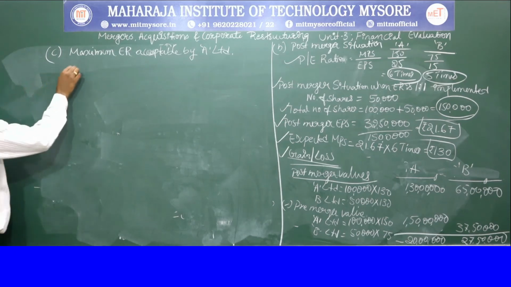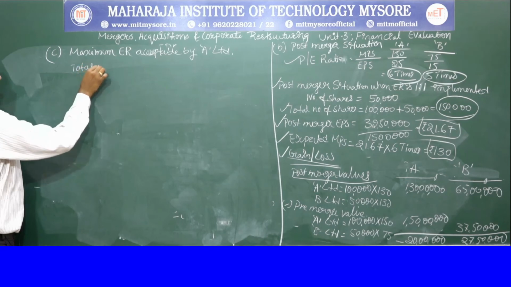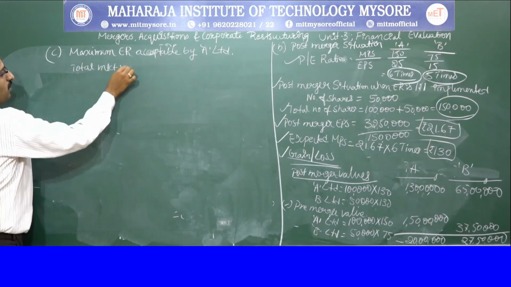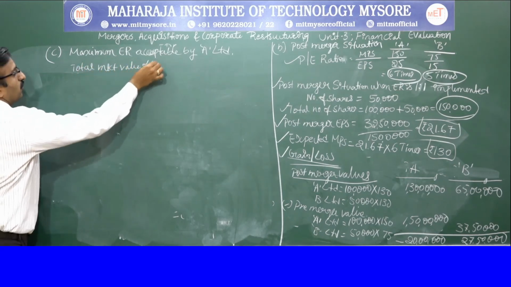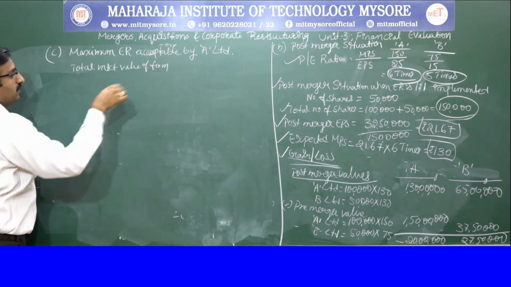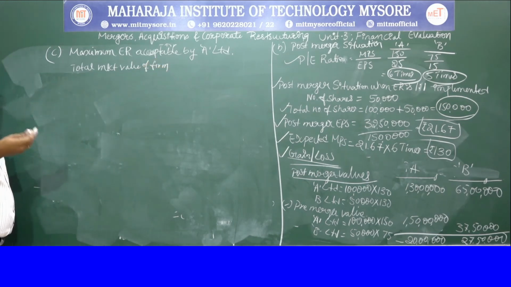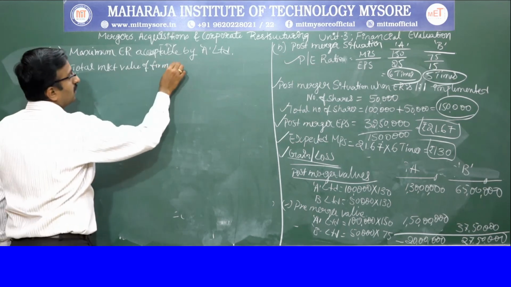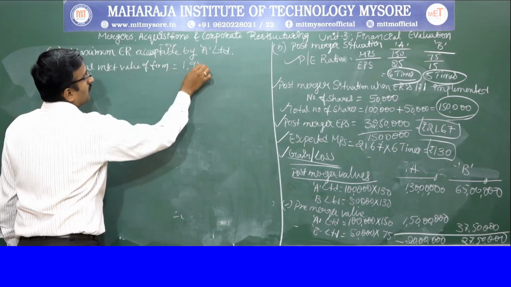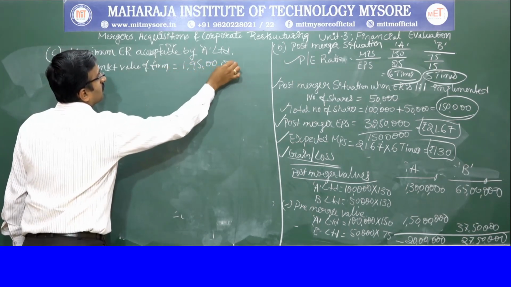So, the total market value of the firm after the merger, means the post-merger value, how much you will get? You will get 1 crore 95 lakh.